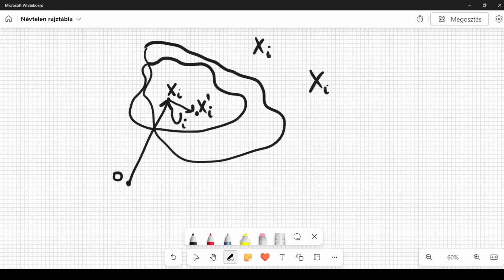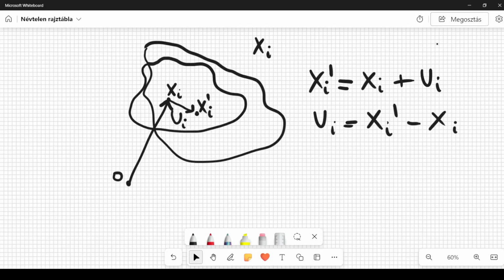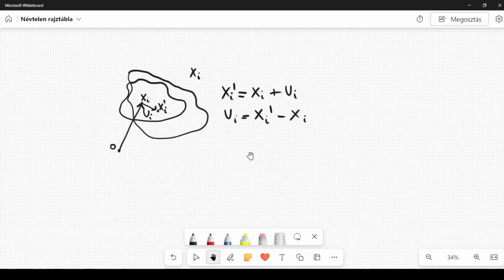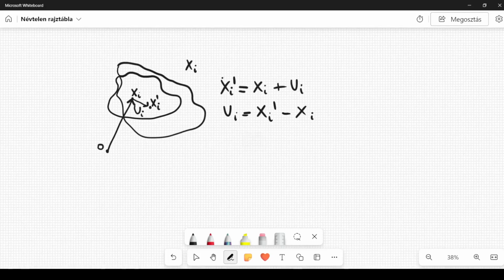So this means we're using an equation that xi prime is equal to xi plus ui, or if you want, the definition for ui is given by xi prime minus xi. So ui is the amount of the deformation. It's a displacement.